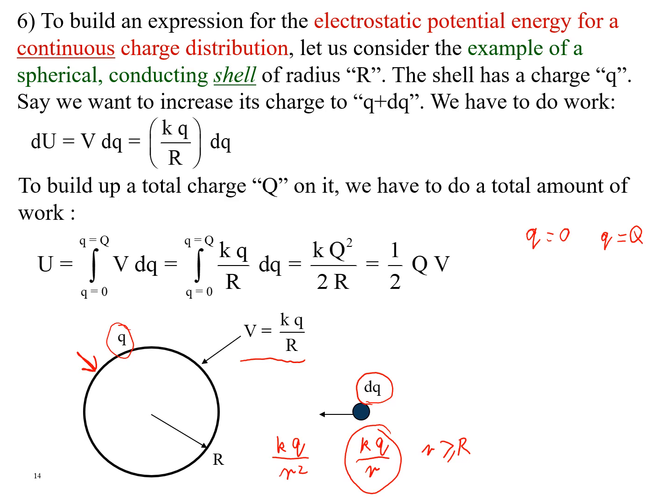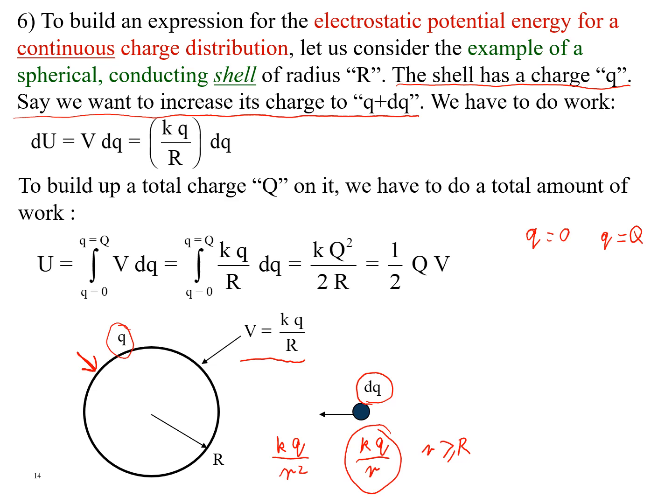In other words, the shell initially has a charge q, and we bring in an infinitesimal amount of charge so that afterward we have a charge of q plus dq on the shell.